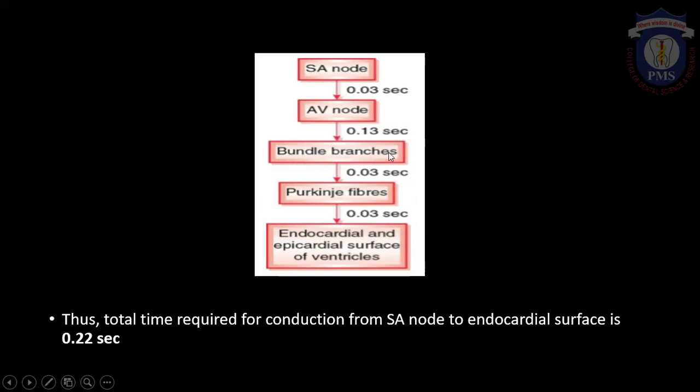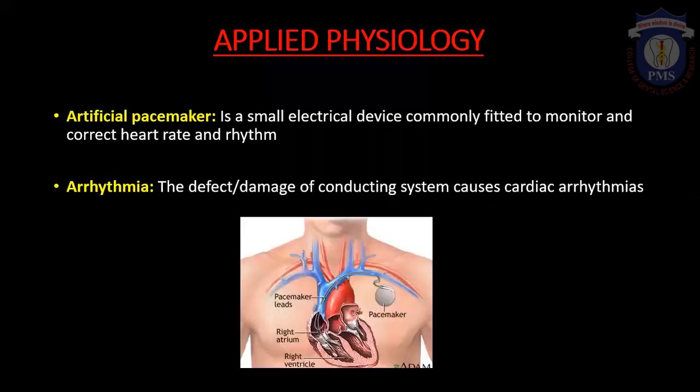From the bundle of His to the Purkinje fiber will take 0.03 second. And from the Purkinje fiber, the impulse propagating throughout the endocardial and epicardial surface of the ventricles will take around 0.03 second. So altogether, the impulse generated from the SA node will take around 0.22 second to finally reach the endocardial as well as epicardial surface of the ventricle.